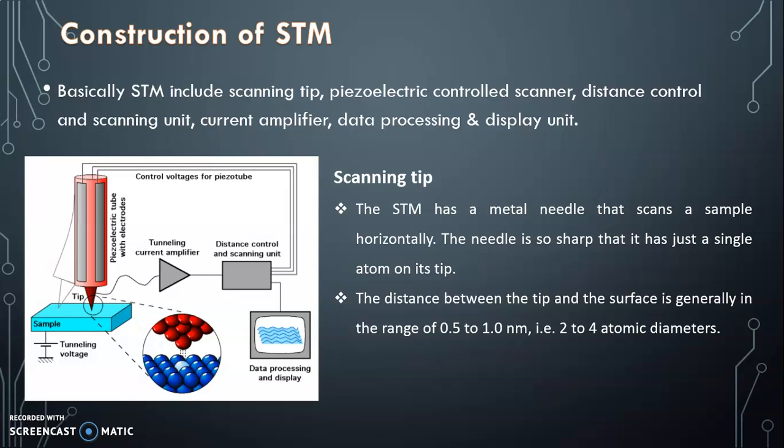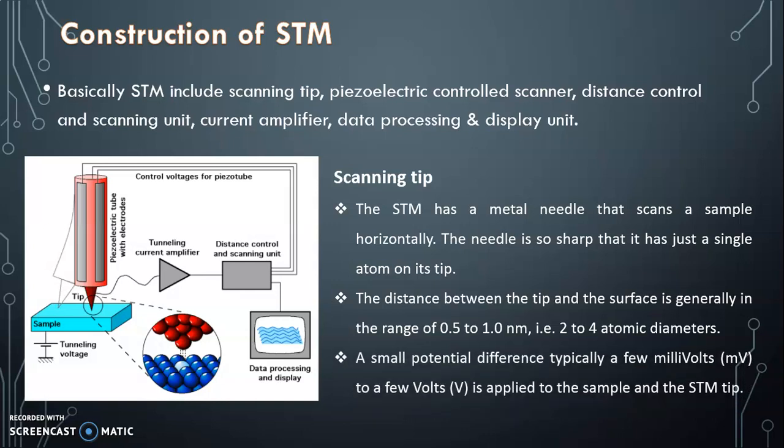So we can say the distance between the surface and tip is 2 to 4 atomic diameters in terms of atomic distance. So in between that tip and surface there should be 2 or 3 atoms if we keep them one upon one. So up to 4 atoms can fit. That much gap is necessary.